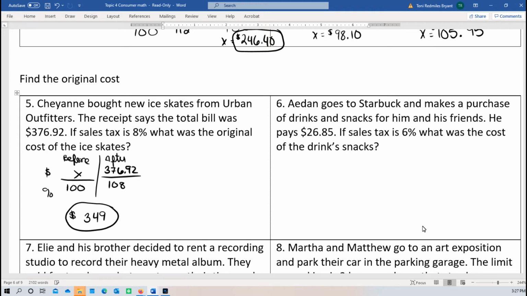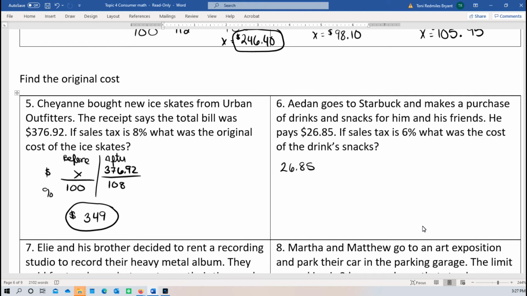All right, so we can even go backwards, okay? We can find the original cost given our total after tax. Okay, so Aiden goes to Starbucks and makes purchase of a drink and snacks for him and his friends. He pays $26.85. If the sales tax is 6%, what was the cost of the drinks and snacks?